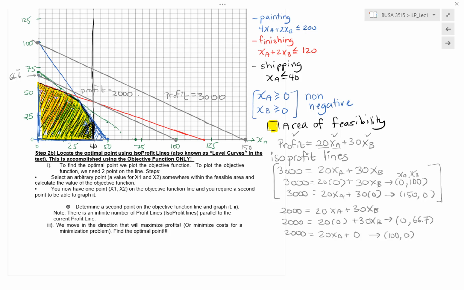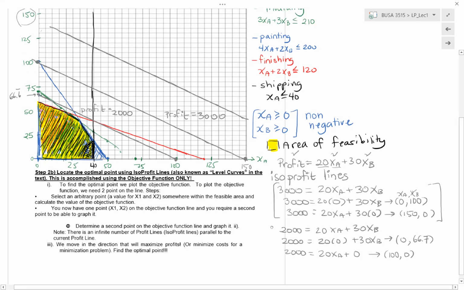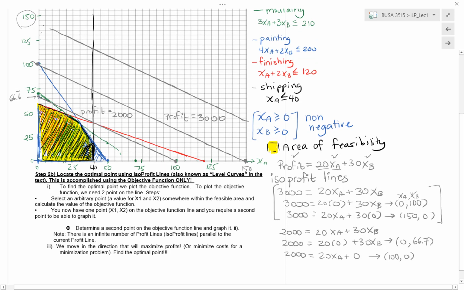Now, the reason we make these profit lines, again, they don't have to be perfect, but what we can see is a trend here. And you'll note that all the profit lines, or what are called the isoprofit lines, will run parallel to each other. So I'm just going to rough out another one here. Like that. You'll notice I didn't even calculate what it is, but I just drew it parallel to the isoprofit line at 3,000.